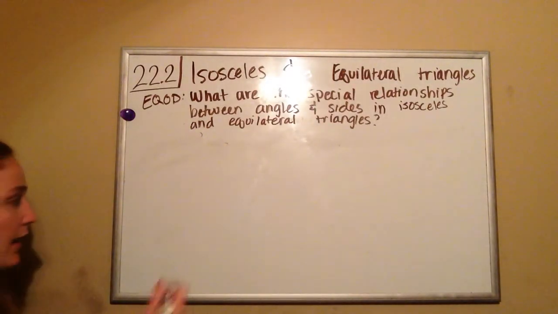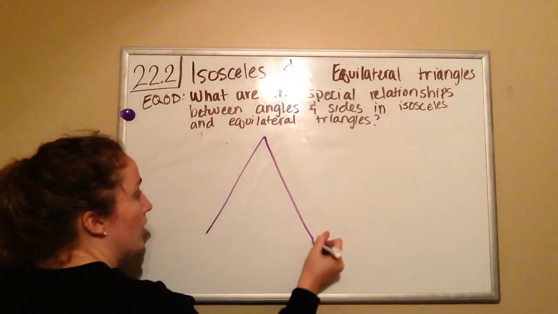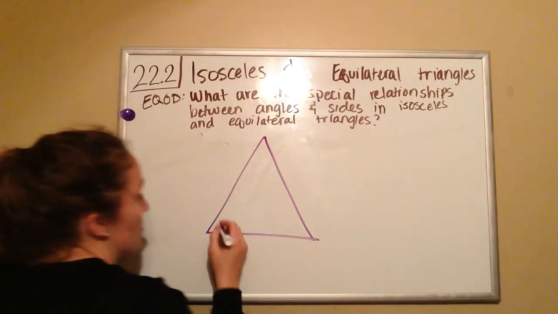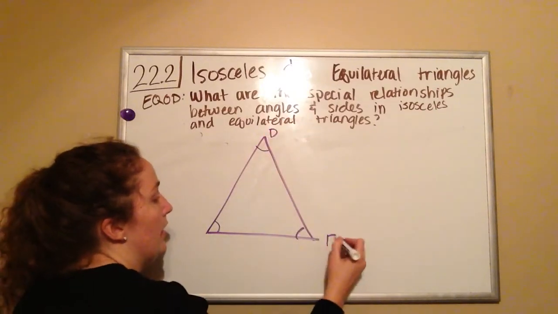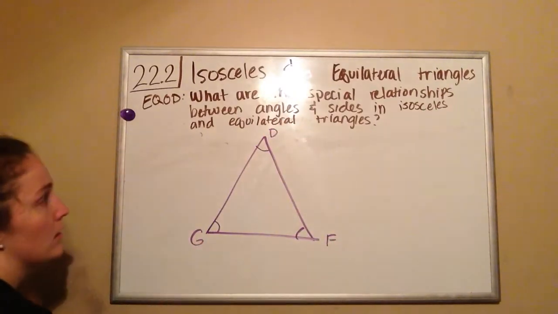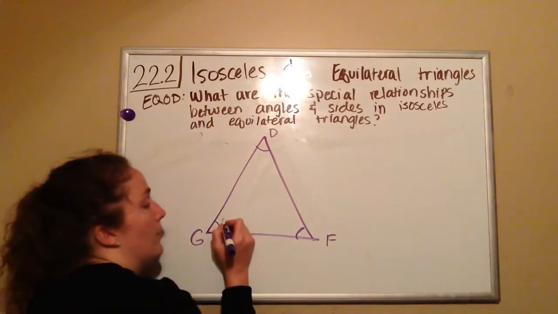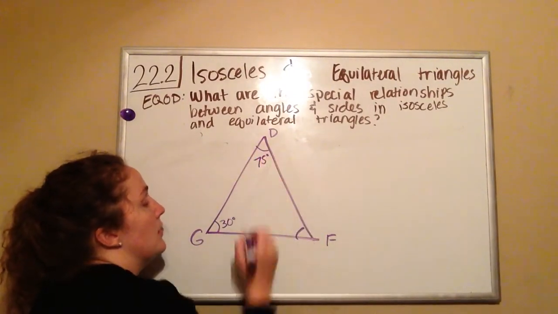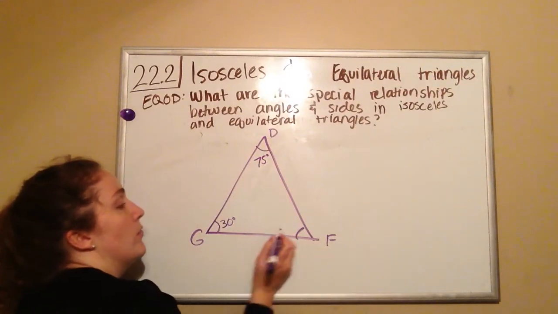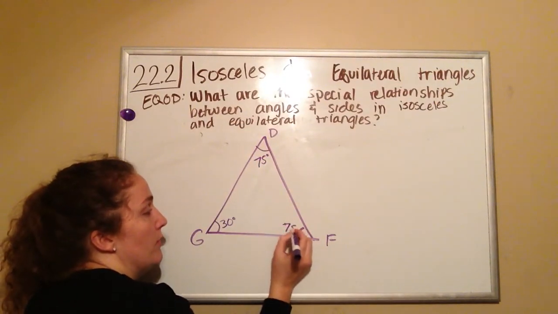Okay, so if I give you a triangle, and I'm going to call it D, F, G, say 30 degrees, 75 degrees, 75 degrees.